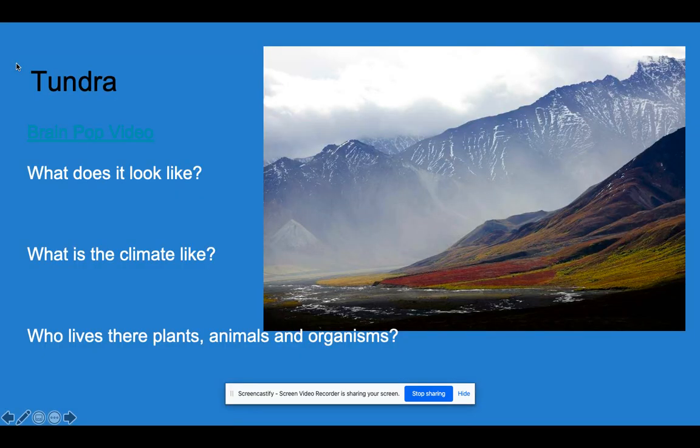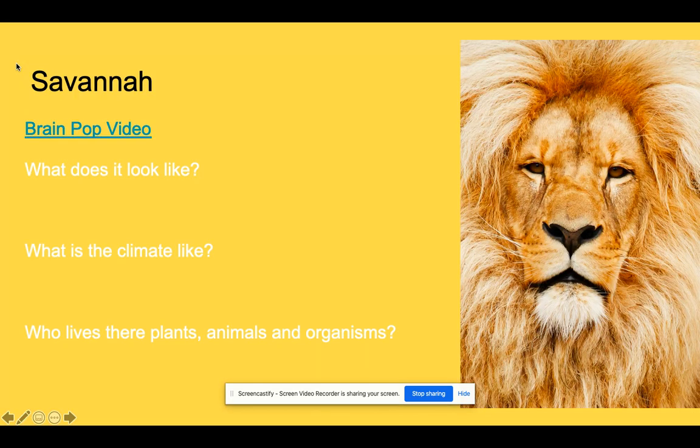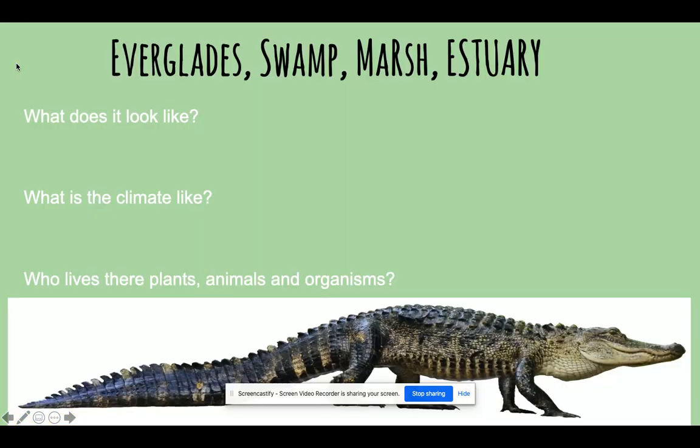The tundra, the picture I think of is a very, very cold climate. The taiga, we've got the savanna, which is similar to a desert, but definitely there's more deserts that exist versus savannas. And I included a picture of animals you'll find in that specific type of biome.